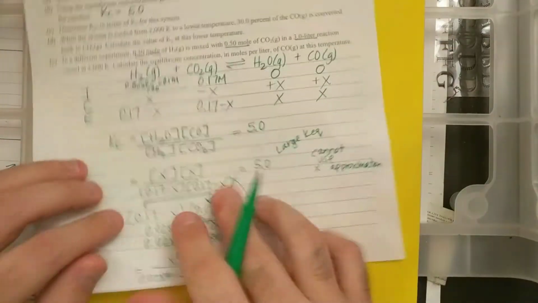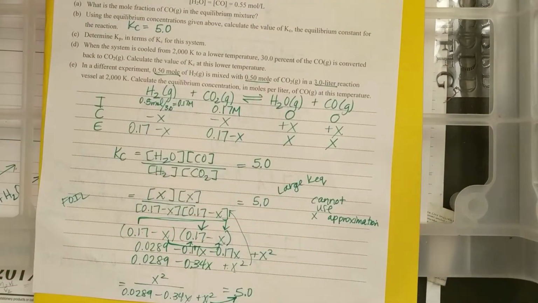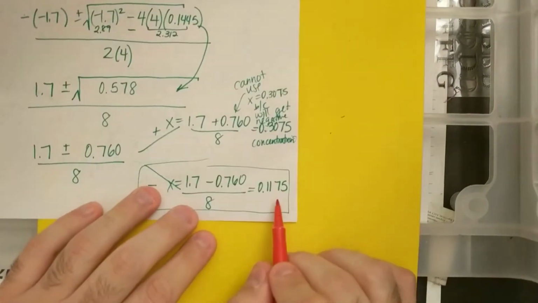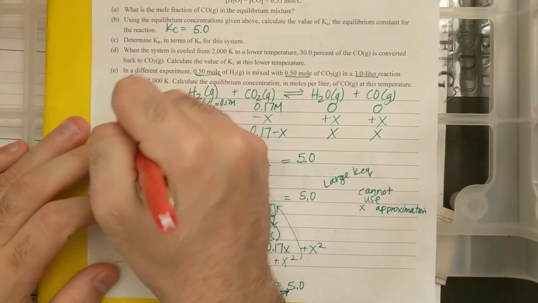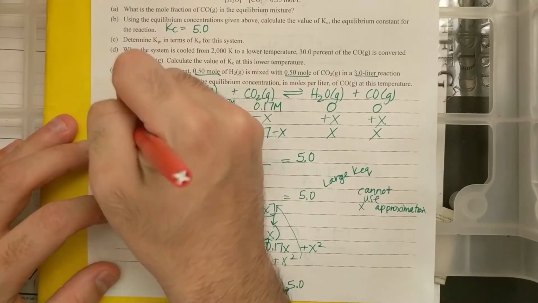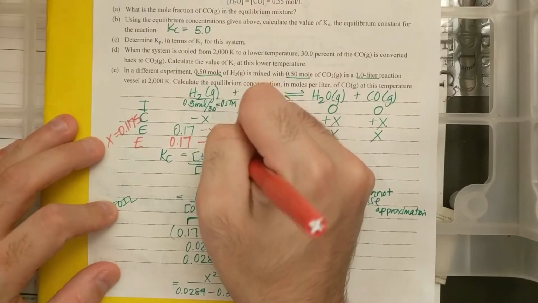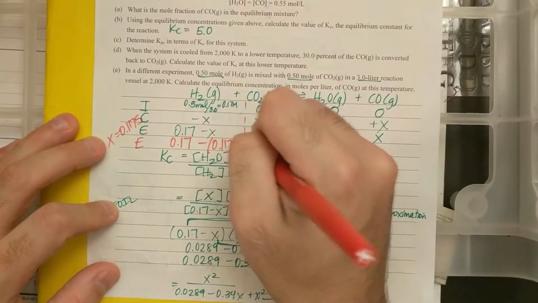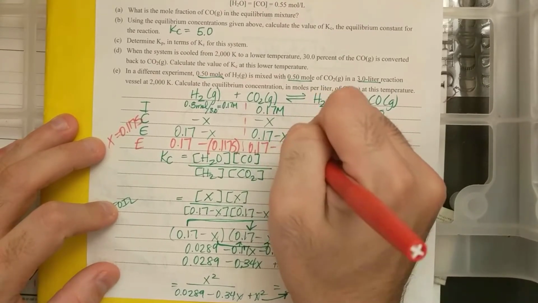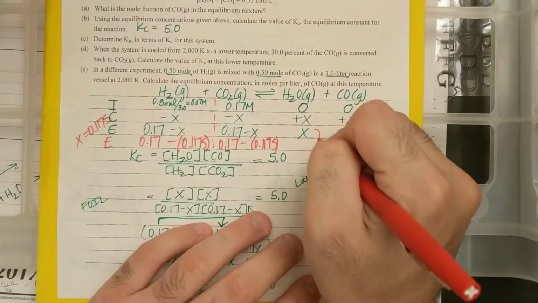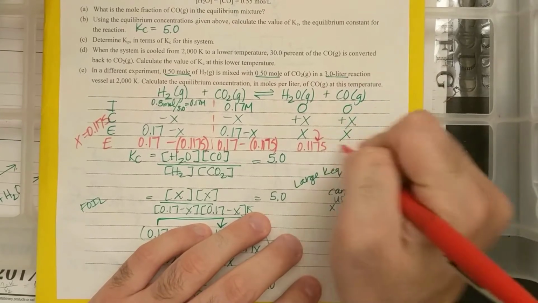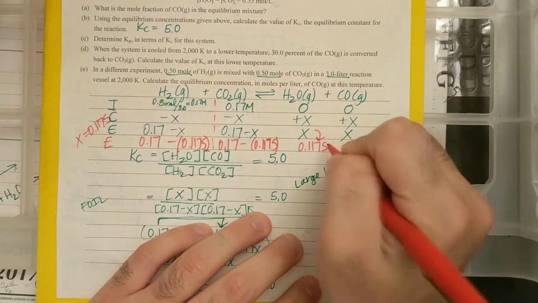So I need to use x equal to 0.1175, at equilibrium. If I say x is equal to 0.1175, I'll do 0.17 minus 0.1175, and x is going to be equal to 0.1175 molar.